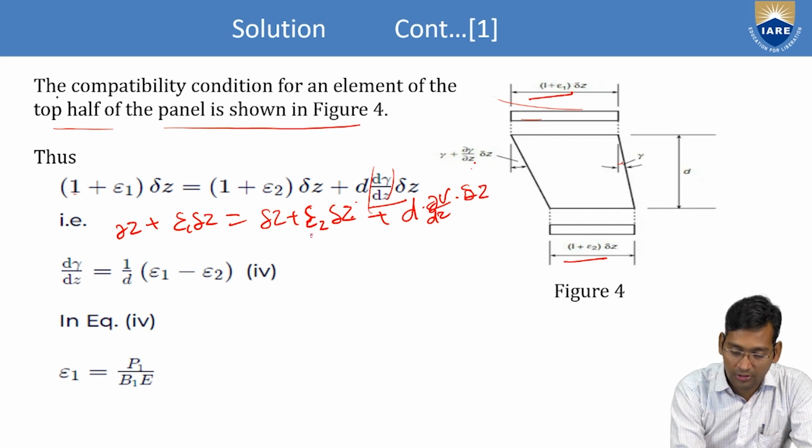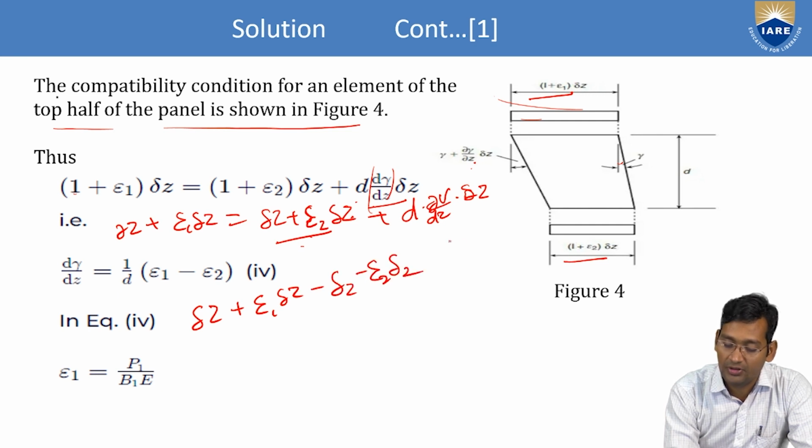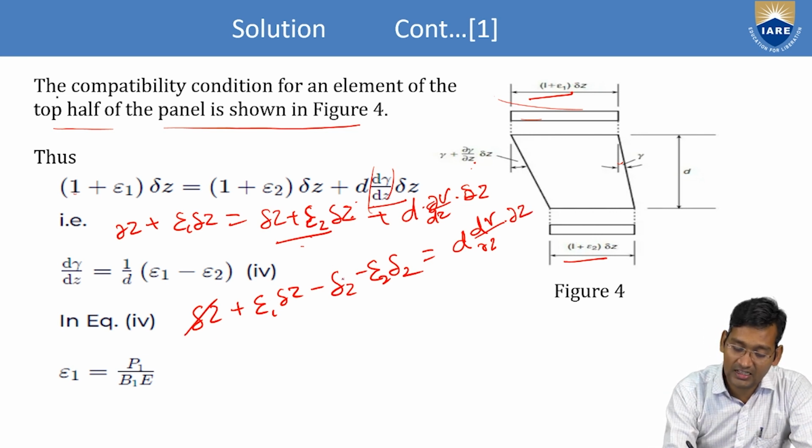Right. So now take these two terms this side. After that what we will get? Del Z plus epsilon 1 del Z minus epsilon 2 del Z, that is equals to D d gamma by dz into del Z. Right. So here del Z gets cancelled.